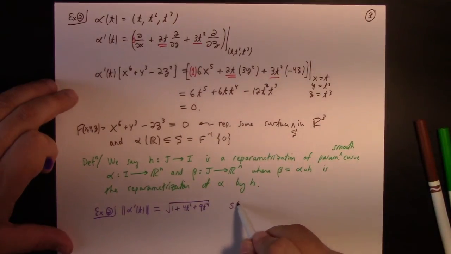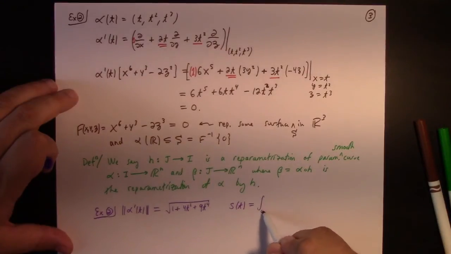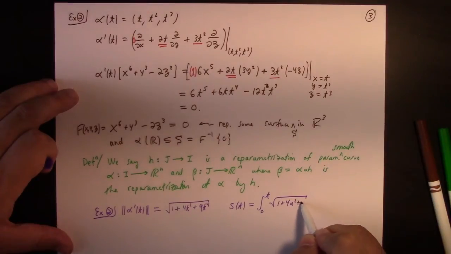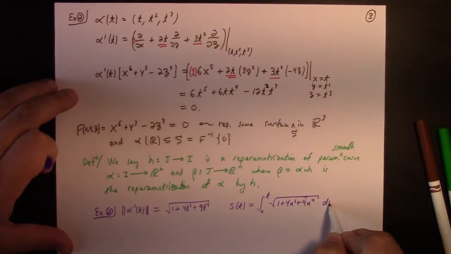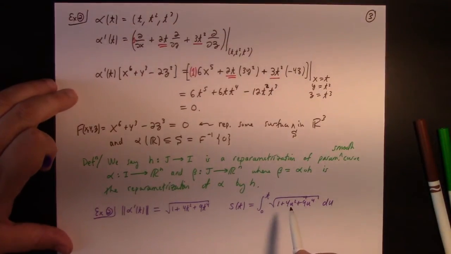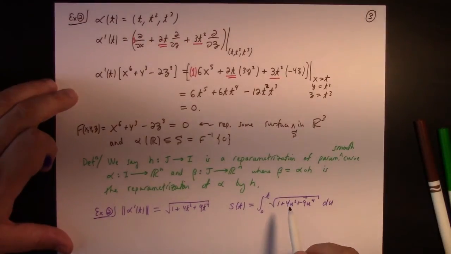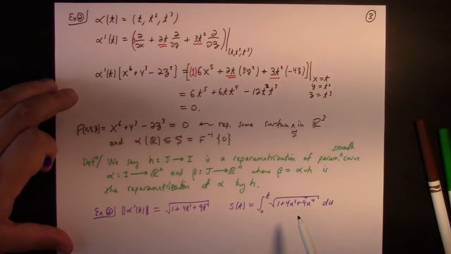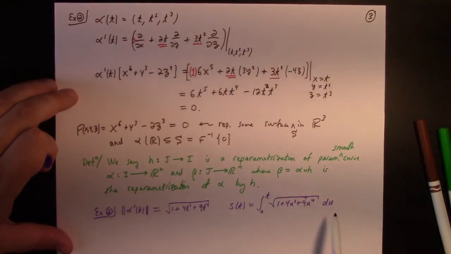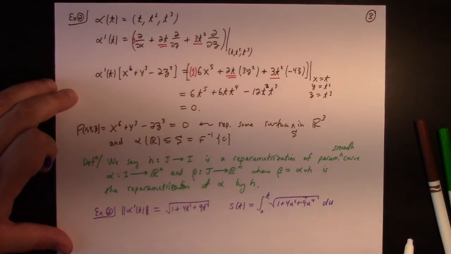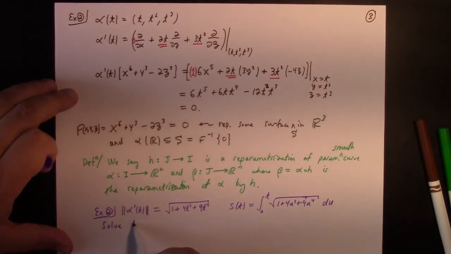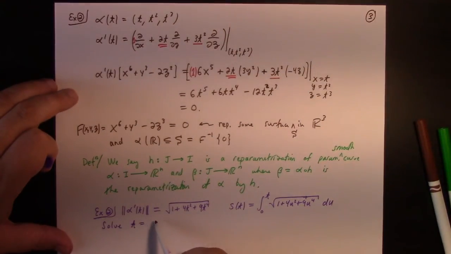So I can define s of t based at 0 to be the integral from 0 to t of the square root of 1 plus 4u squared plus 9u to the fourth du. That would be the arc length function. Then the arc length function's increasing, so I can define an inverse function, right? I can solve, in principle, for t equal to some other function.